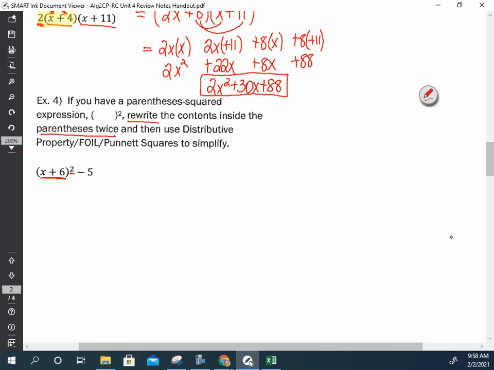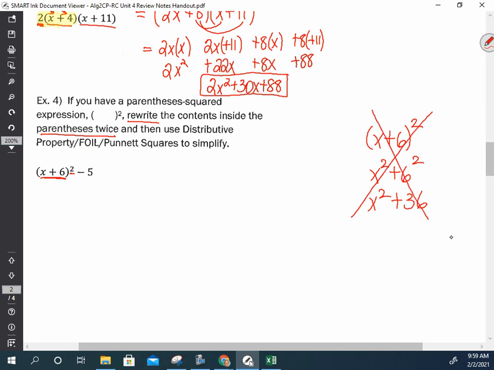It's a very, very easy mistake to fix. Some people will see x plus 6 squared, and think to do x squared plus 6 squared, x squared plus 36. It is a very, very common mistake, but this is wrong 100% of the time.